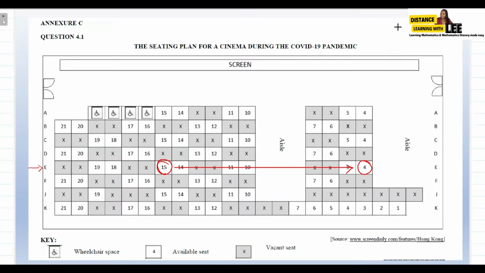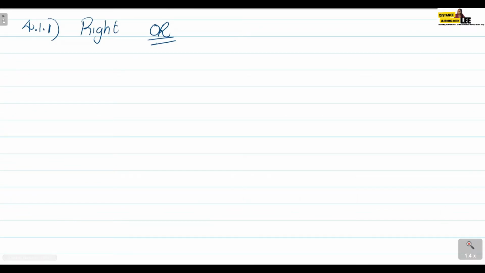So if you also want to use that to describe where E4 is from E15, we know that it's Naughty Elephant Sprays Water, and that tells us that E4 is to the east of E15. So that is also an answer that will be accepted. So you can also say east.